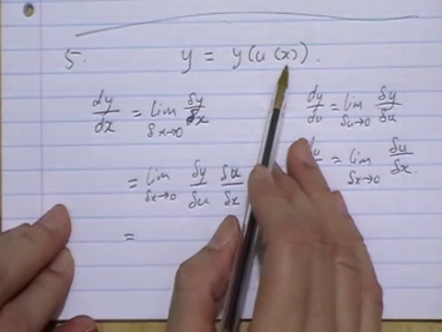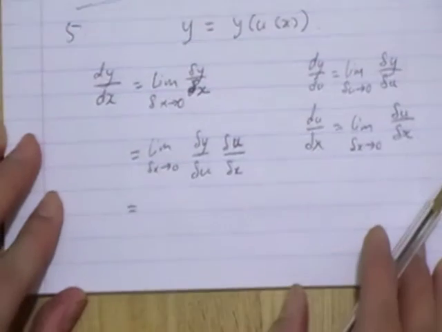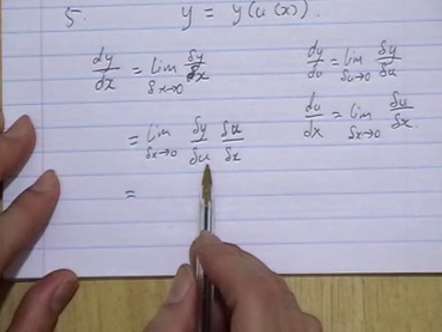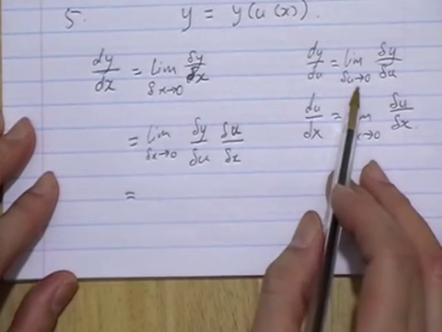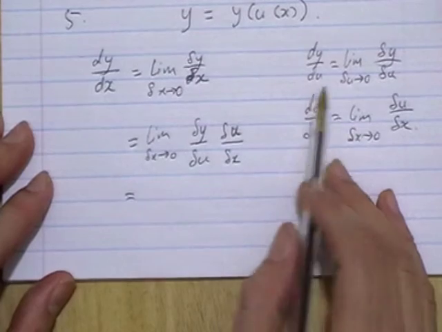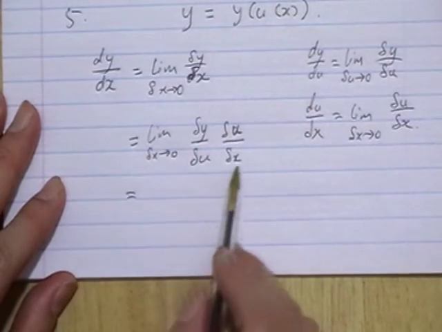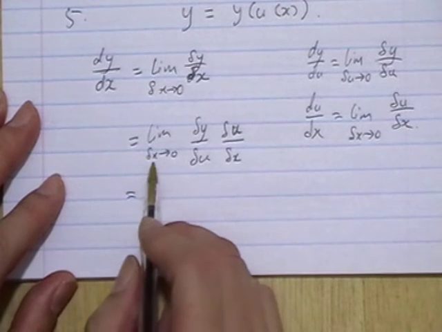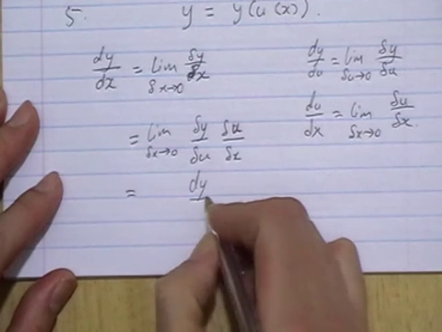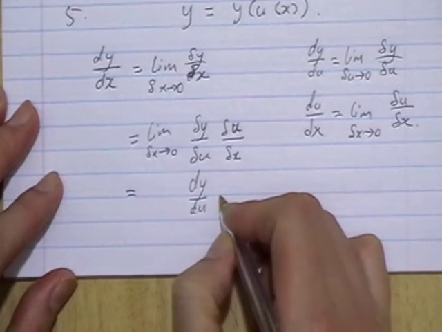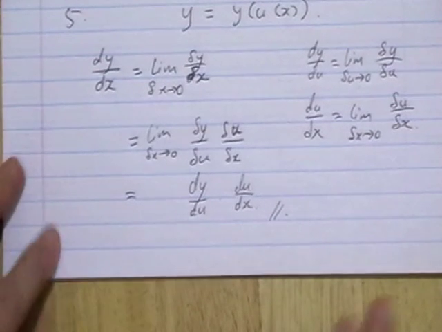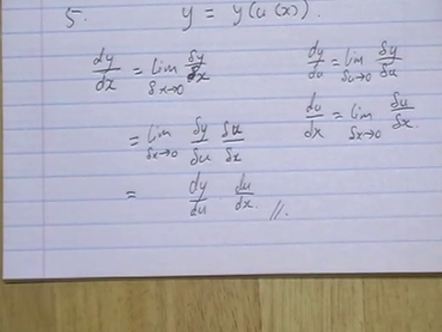So if the change in x tends to 0, the change in u tends to 0. And the change in u, delta u tends to 0, is exactly what I would need for this limit to get the dy du. So therefore, this in the limit when delta x tends to 0 becomes dy du times du dx. And so I have proven the chain rule. Let's stop here.